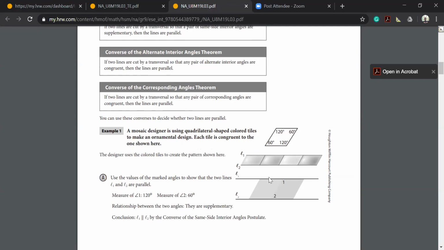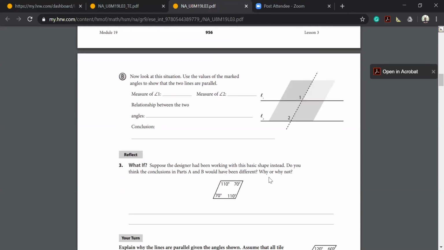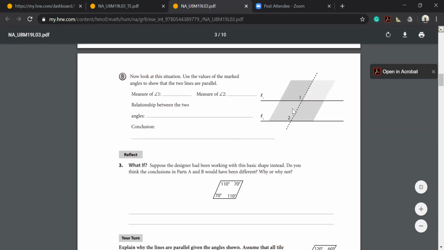Okay, let's do question B. Now look at this situation. Use the values of the marked angles to show that the two lines are parallel. Angle 1 and angle 2 together, they form a what? First of all, you have to think which angles are those. Are they same side? Are they alternate interior? Or are they corresponding?